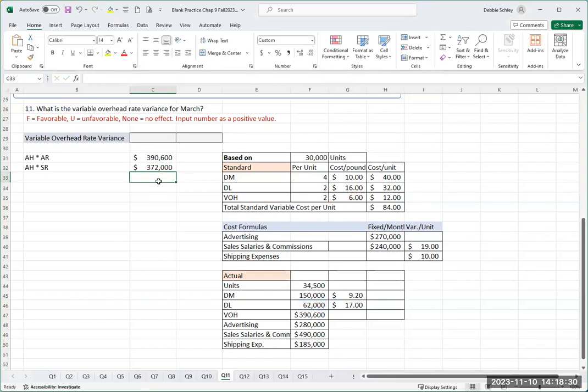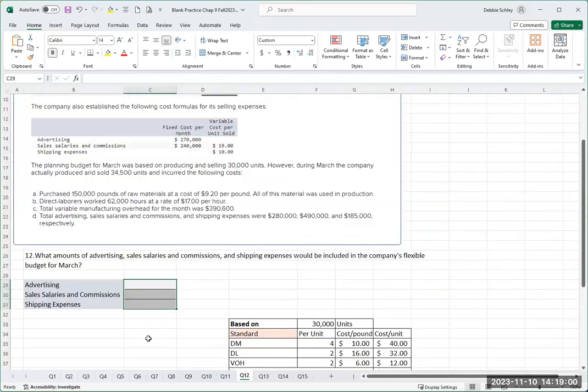Okay, so then I just subtract this minus this. And my actual, right, actual rate is more than my standard rate. And so it is going to be 18,600 unfavorable, right? Because actual AR was more than standard SR.